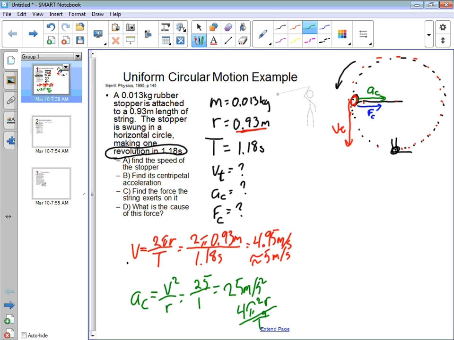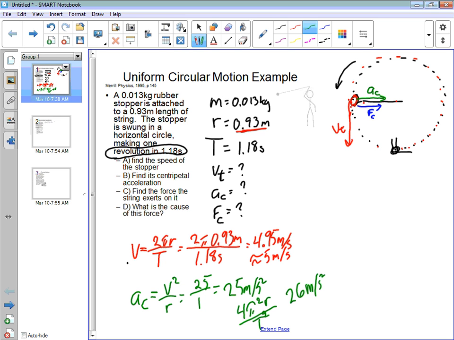Did anyone use this second equation? What did you end up getting? I got 26. 26.37, 26.36. Okay, let's say just 26 meters per second squared. Now, someone said something else. Well, they did it wrong.